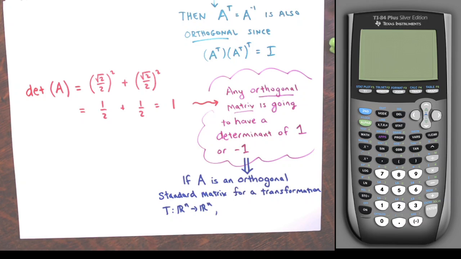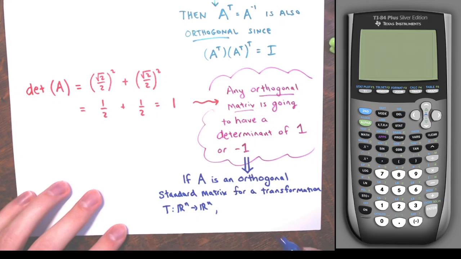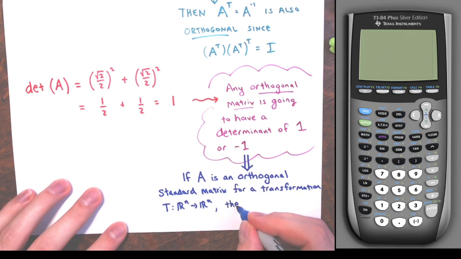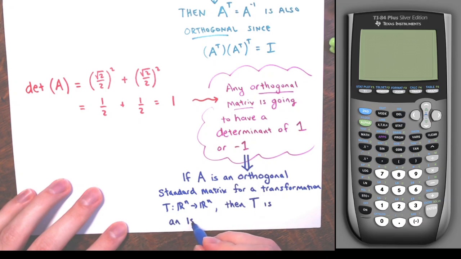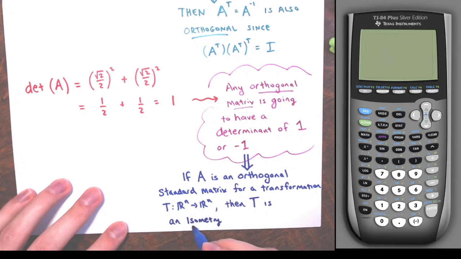It'll preserve the angles between vectors, and it'll preserve the lengths of vectors. So it'll just take a picture from the original and send it to a rotated or reflected picture in the other space. Then transformation T is what they call an isometry. So, norms and angles are preserved.